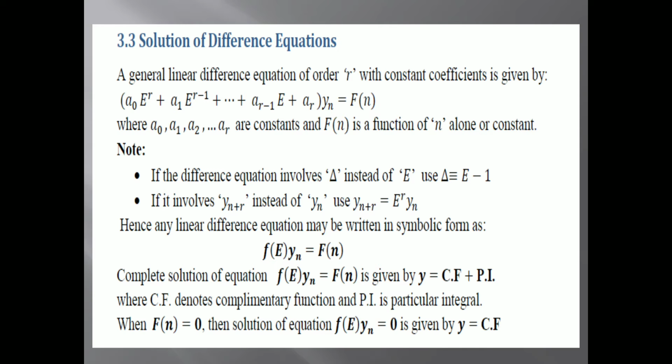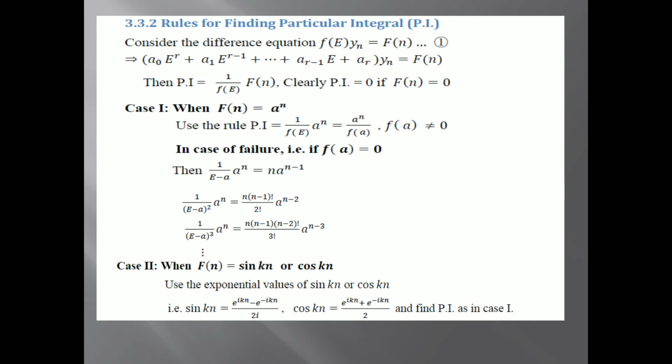So let's start the rules for finding the particular integral for the complete solution of a difference equation. Consider the difference equation f(E) yn = f(n), equation number 1. Here f(E) means a0 E^r + a1 E^(r-1) + and so on + a(r-1) E + ar.